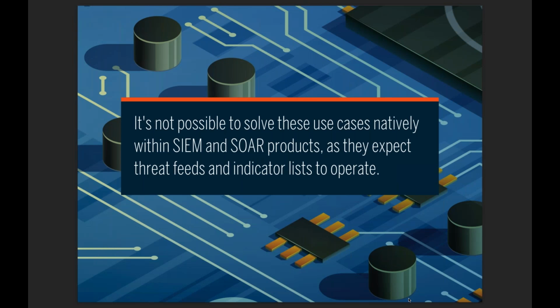This recaps it. It's just not possible to solve many of these use cases, if not all of them, natively within SIEM and SOAR products, as the way that those products and systems operate and are built just isn't conducive to succeeding in this regard.